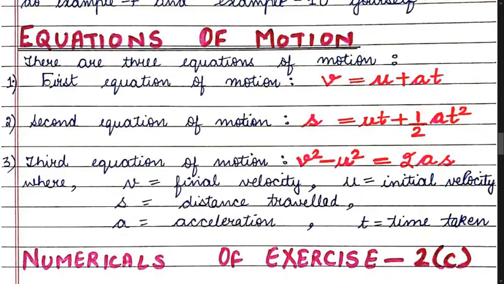So the first equation of motion is V, that means final velocity, is equal to initial velocity plus the product of acceleration and time. So V is equal to U plus AT is your first equation of motion.